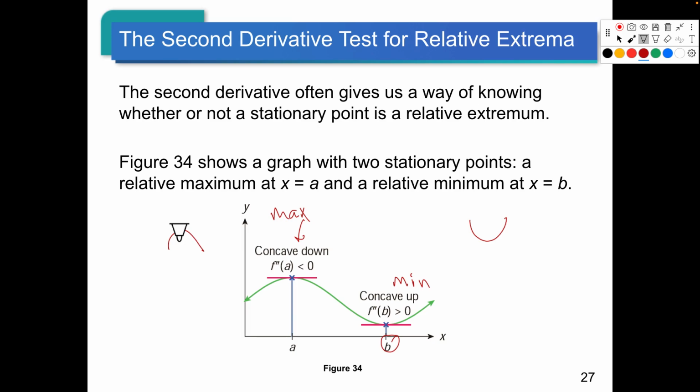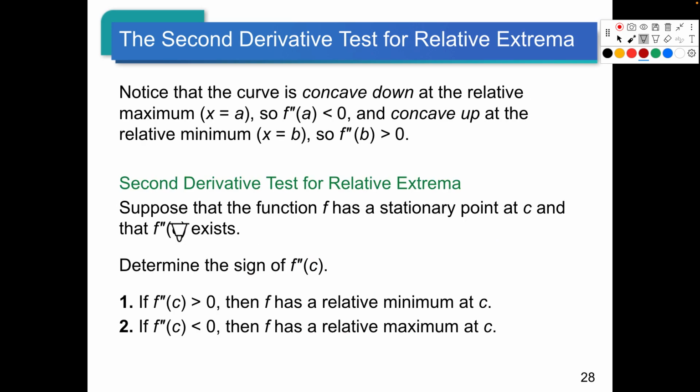And again, you just kind of keep going with this. So what they do is, as they analyze it, they call it the second derivative test for relative extrema. You first find your critical values. What are the critical values? It's where the first derivative equals 0.